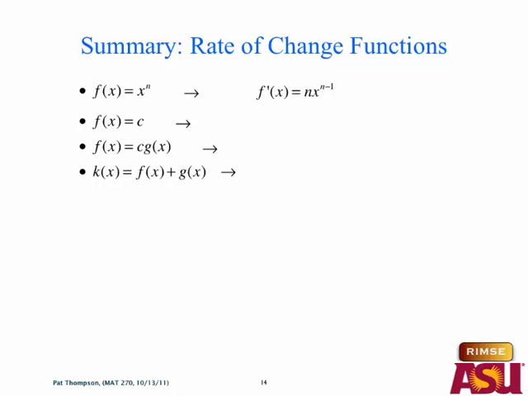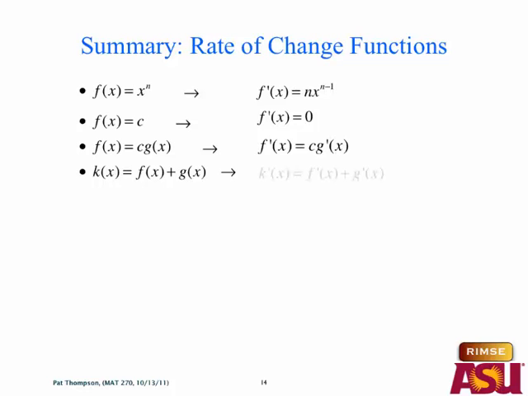If you have a constant, the rate of change is 0. We showed that that was 0. Now, if you have a constant times another function, is it 0? No. The rate of change is the constant times the rate of change. So basically you just hold on to the constant and take the rate of change of the function. But if it's just a constant, the rate of change is 0.